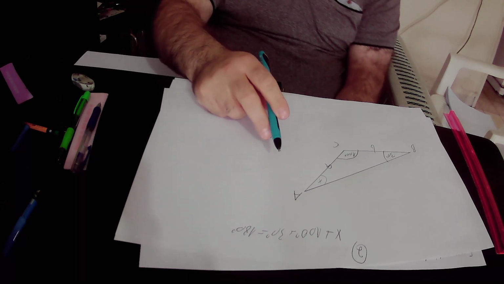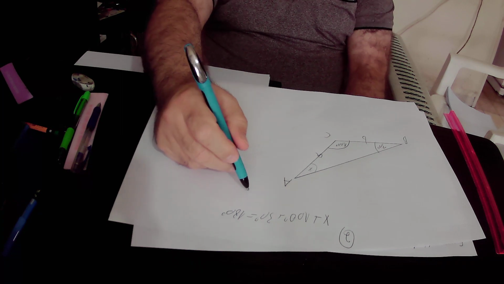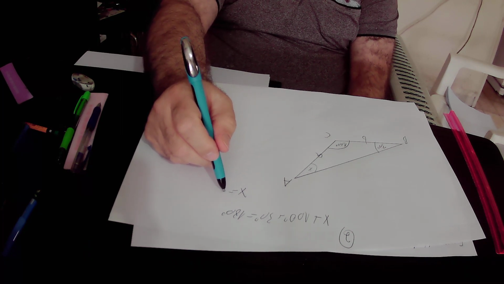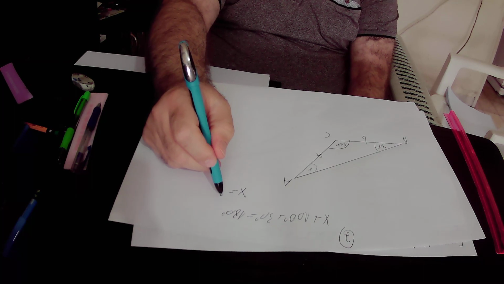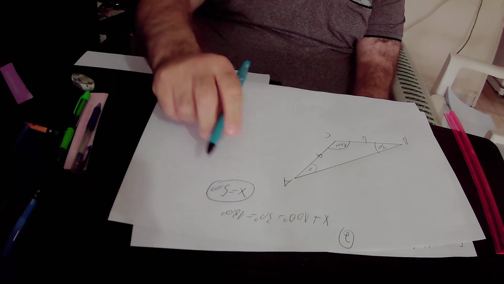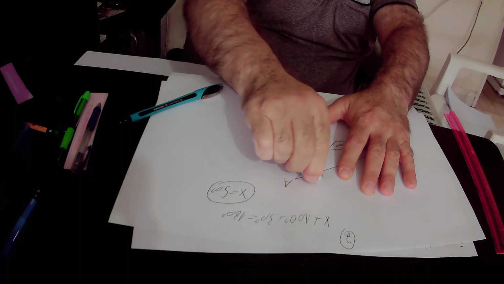We subtract 130 degrees and get that angle X equals 180 degrees minus 130 degrees, which is 50 degrees. We substitute angle X by 50 degrees.